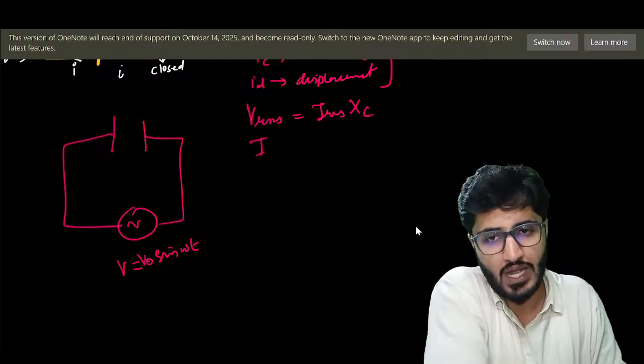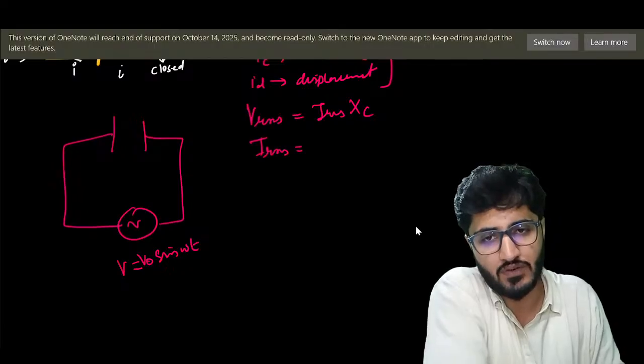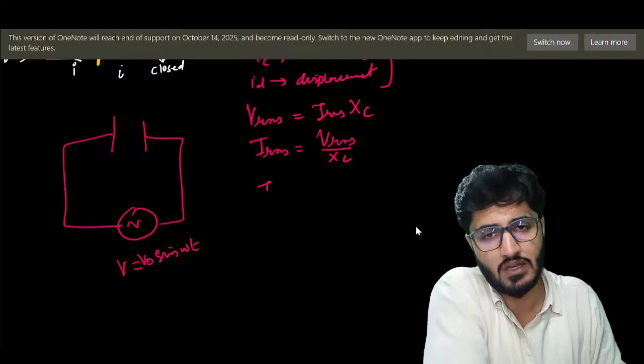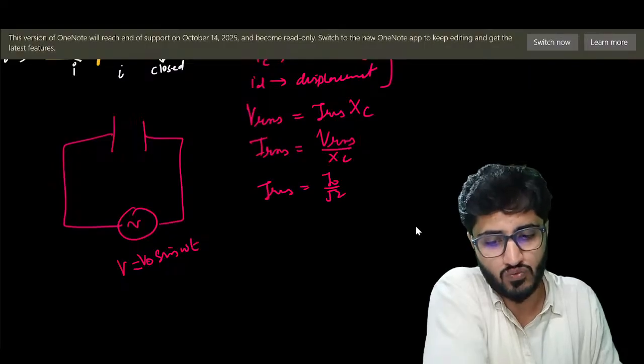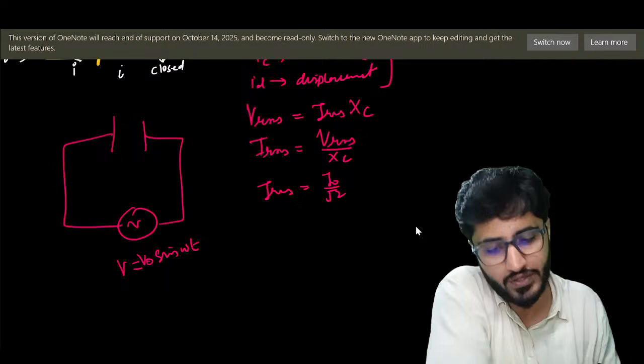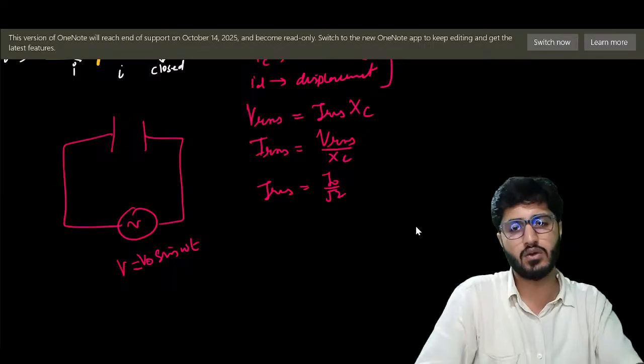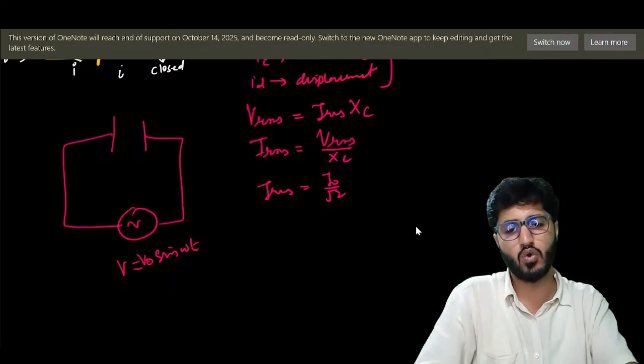So I RMS equals V RMS divided by XC. And we know that I RMS equals I naught by root 2. You must know what I wrote above.